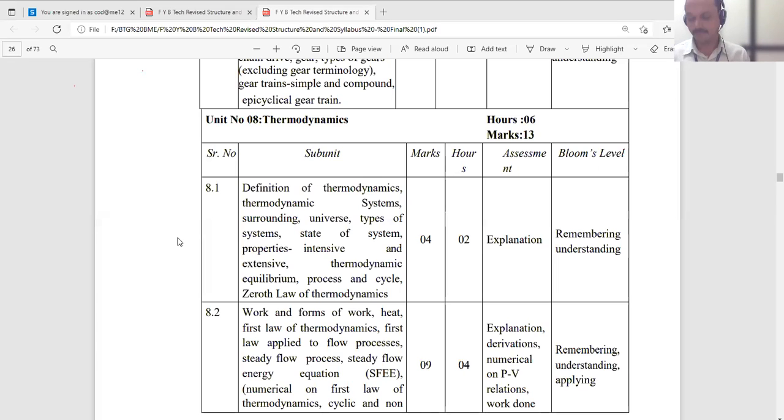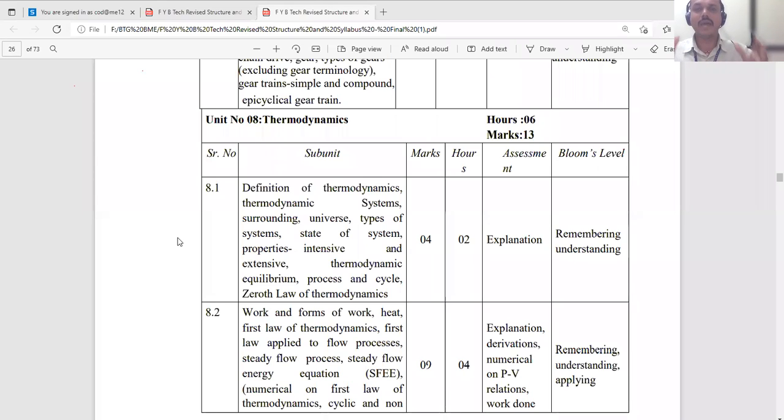Then closed system. Exchange of energy but not exchange of matter, heat only, with surrounding. Exchange energy, but not matter. Very good. So closed systems are such systems where energy changes can take place with the surrounding, but matter does not change.